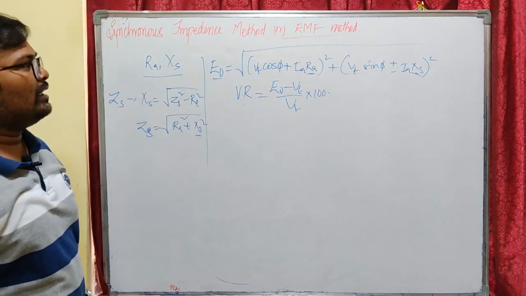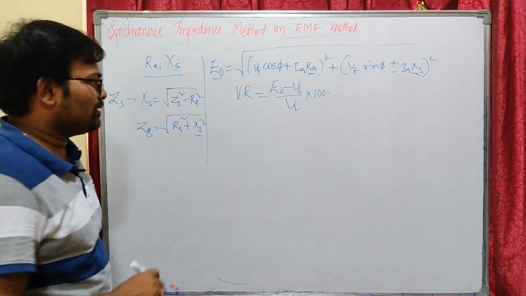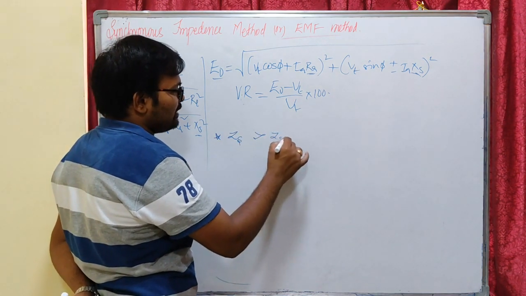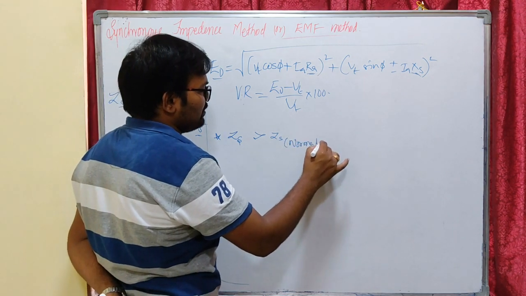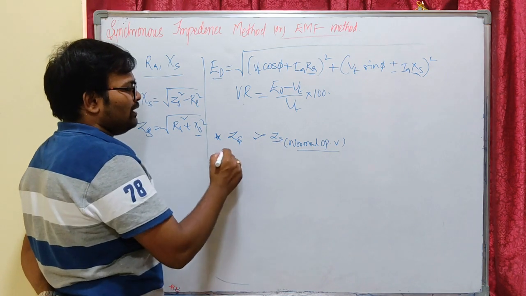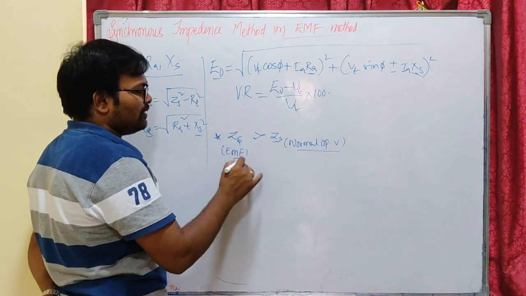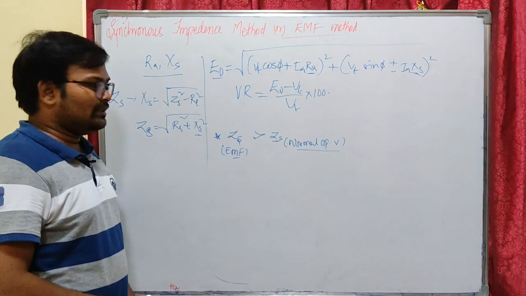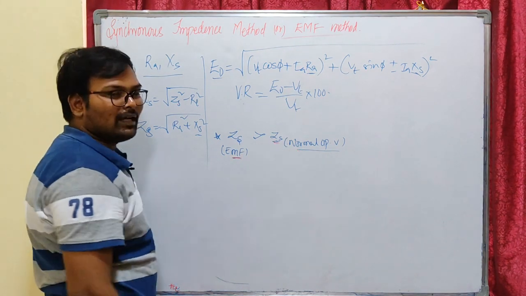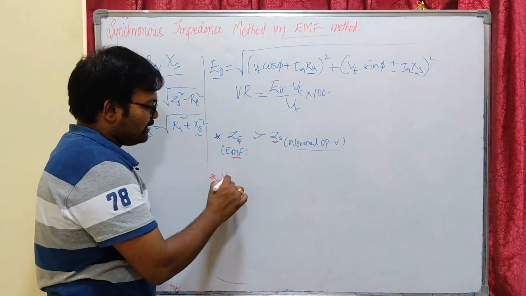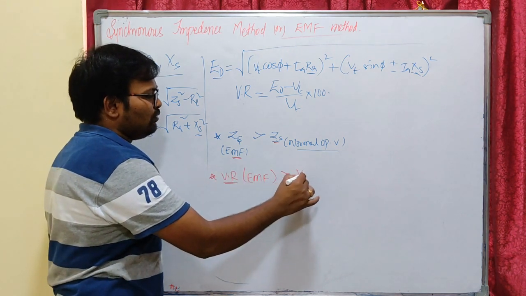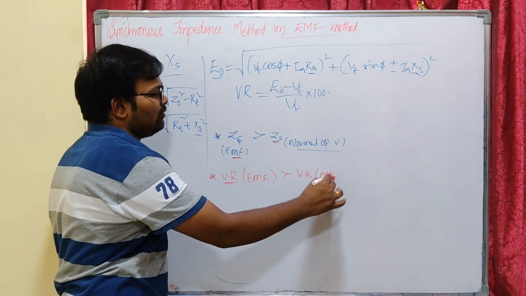But this method of finding voltage regulation is not accurate, because the ZS we obtained has a greater value compared to ZS under normal operating conditions. Under normal operating voltage this is ZS, but this is for the EMF method of regulation. So the ZS obtained in the EMF method is more than the ZS at normal operating voltage. That's why the voltage regulation in this EMF method is more than the actual voltage regulation.